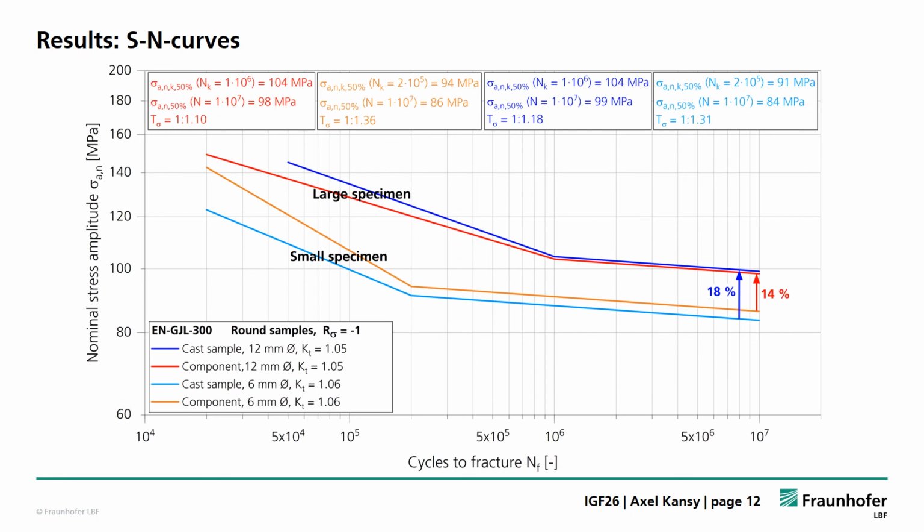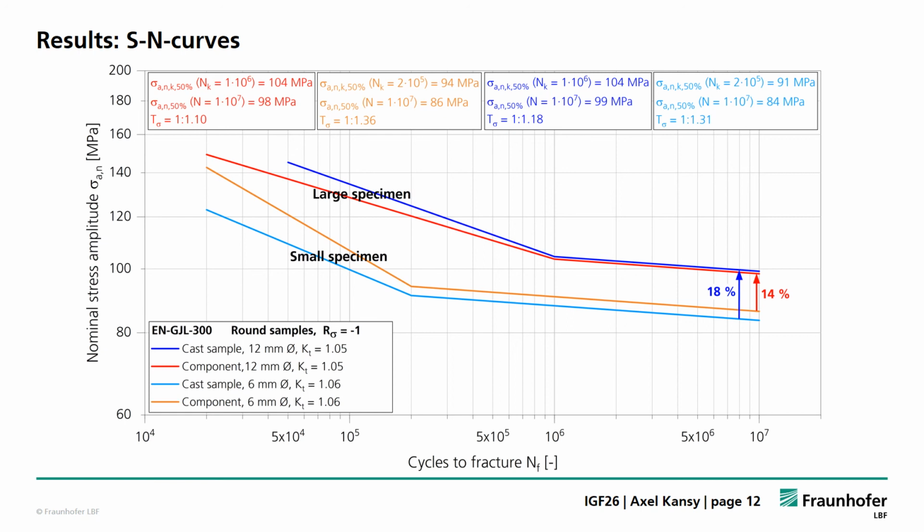In this diagram we see a comparison between the large specimens and the small specimens. Therefore we have the S-N curves with a survival probability of 50%. In blue and light blue the specimens from the cast samples, and in red and orange the specimens removed from the component.